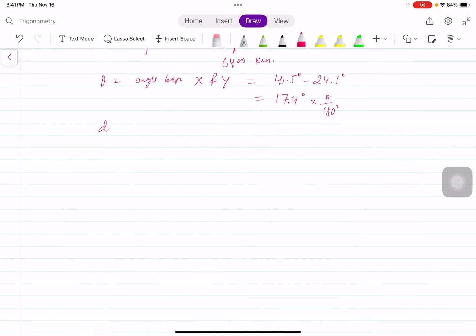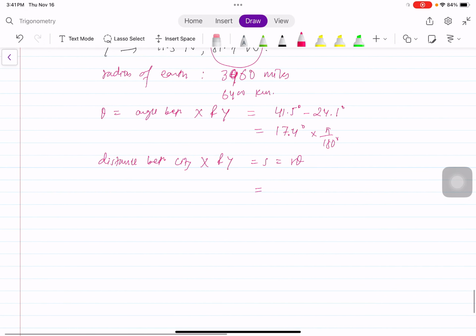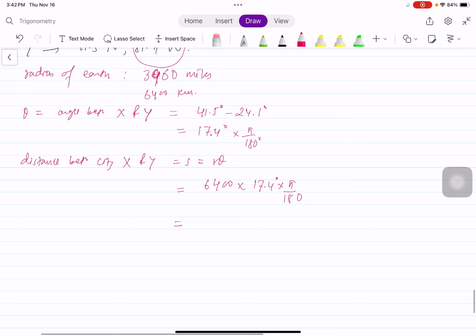The distance between city x and y is given by s equals r theta. So what is r? r is given by the radius. If we use kilometers, our final answer is in kilometers. If we use miles, the final answer is in miles. Theta is 17.4 degrees times pi by 180 degrees.